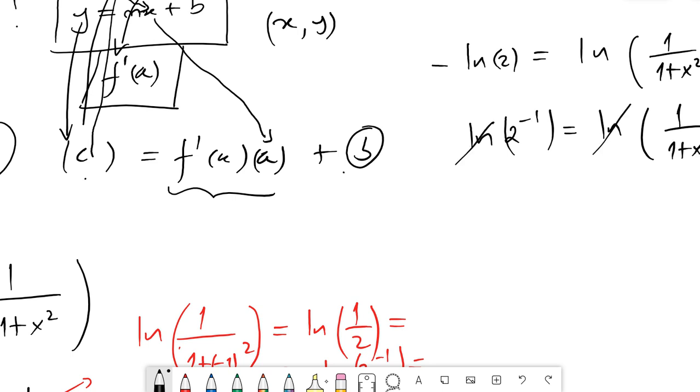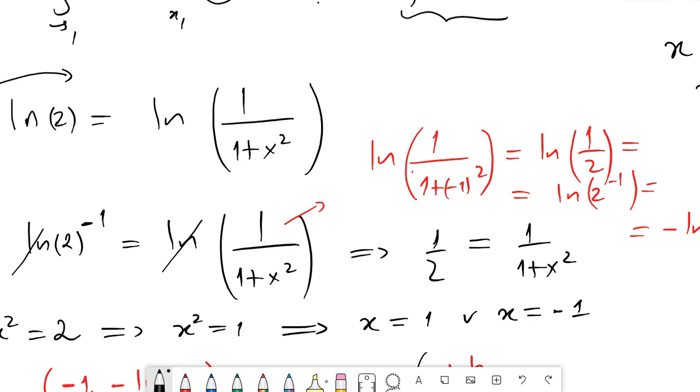We cancel the ln's, and x will be plus or minus 1, right? So since this is for x less than 0, that will be x equals minus 1. Okay?